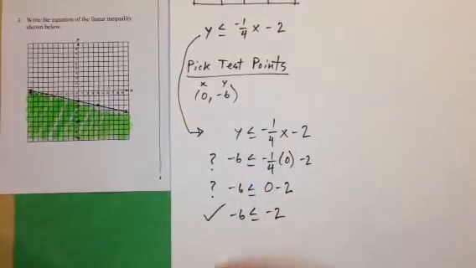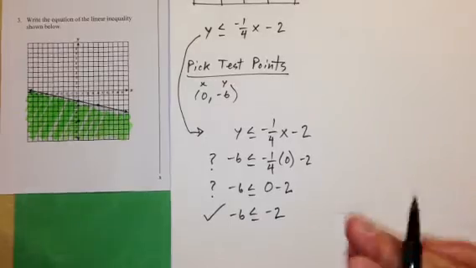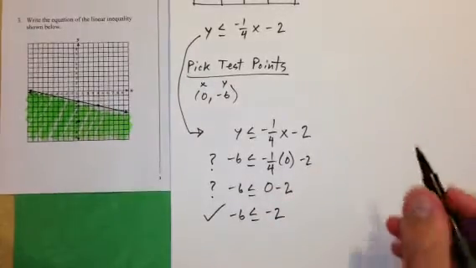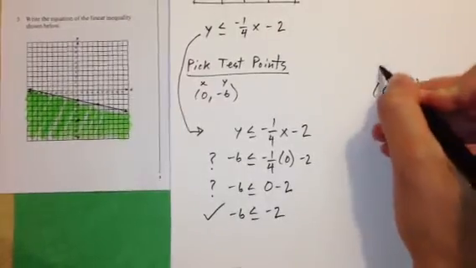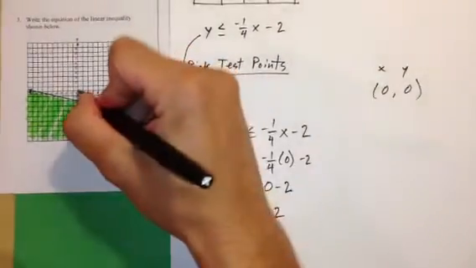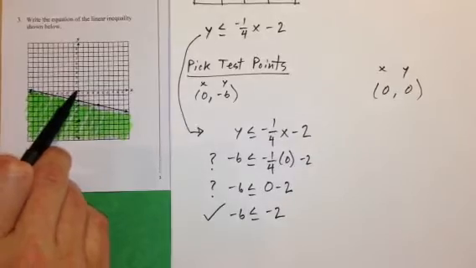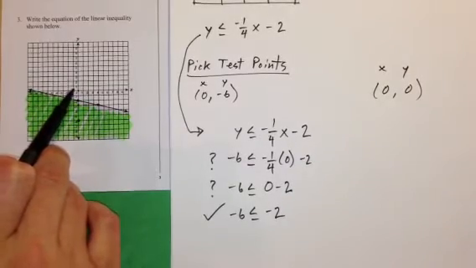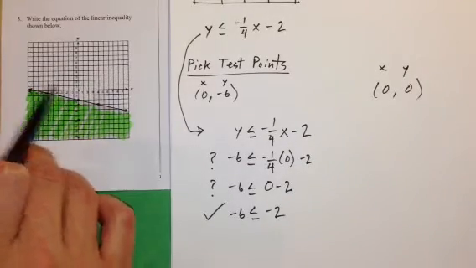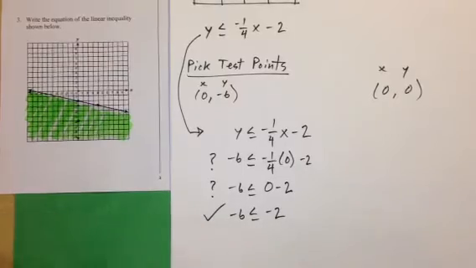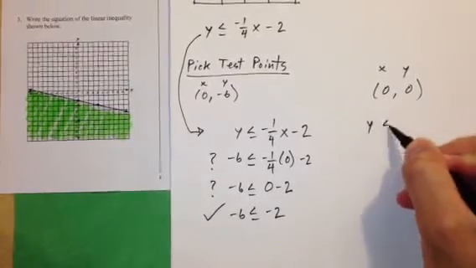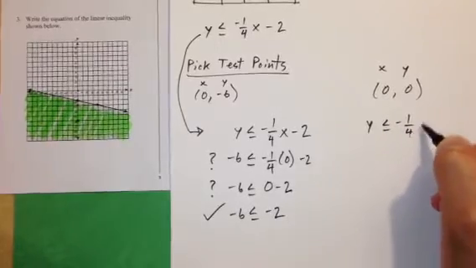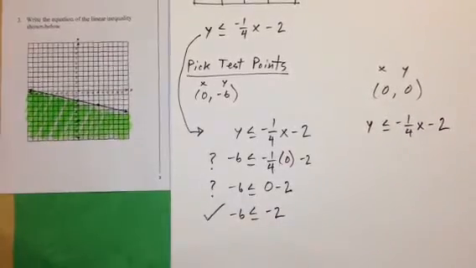Let's pick a point on the other side just to make sure that it does not make the inequality true. Let me pick the easiest test point of all, which is (0, 0), the origin. This should make the inequality false because it's not on the shaded part, if we did our job correctly. So y is less than or equal to -1/4 x minus 2.